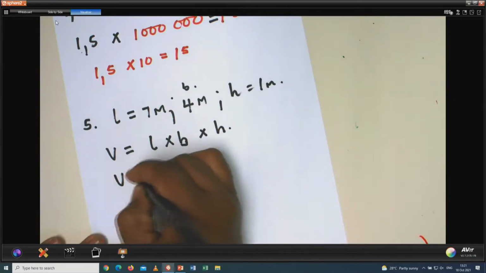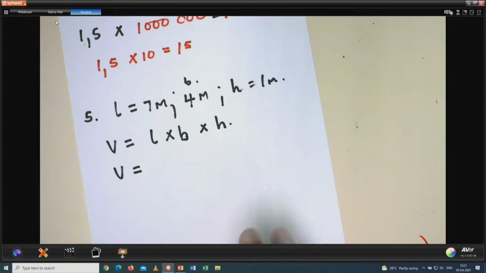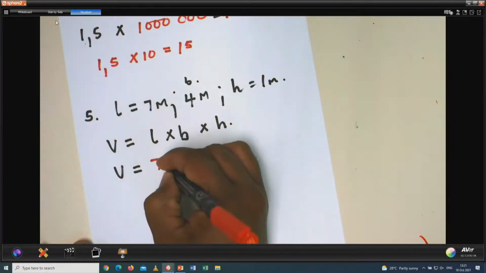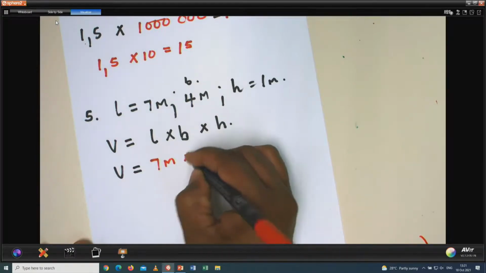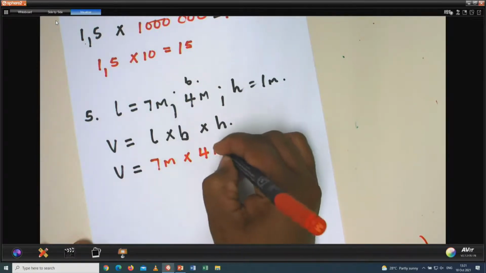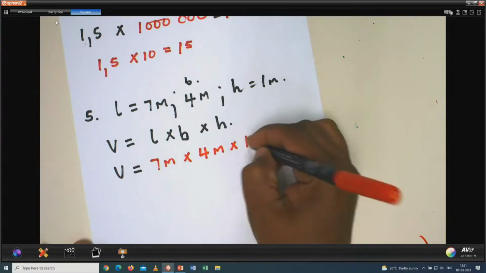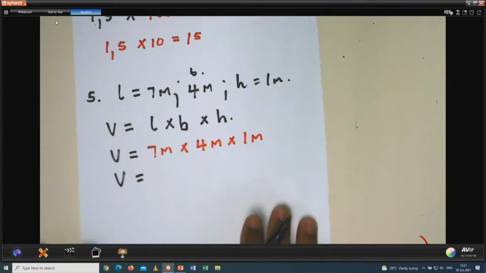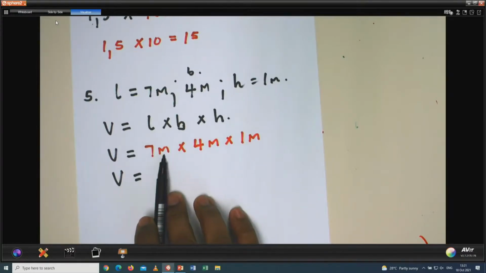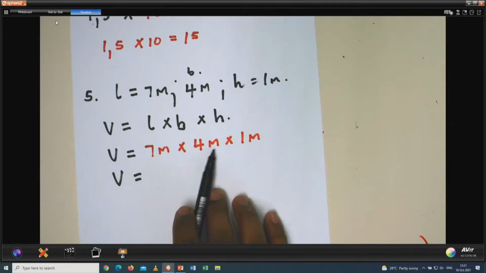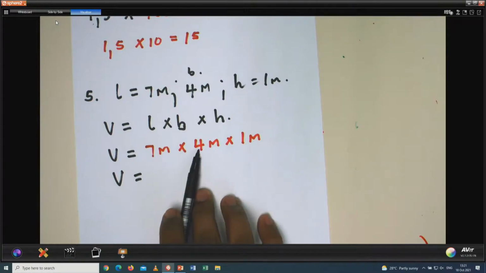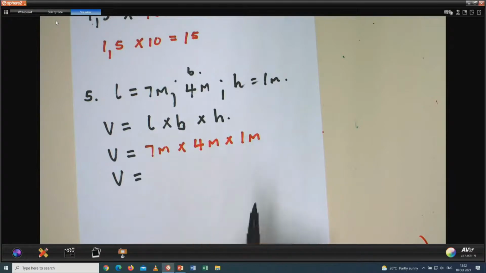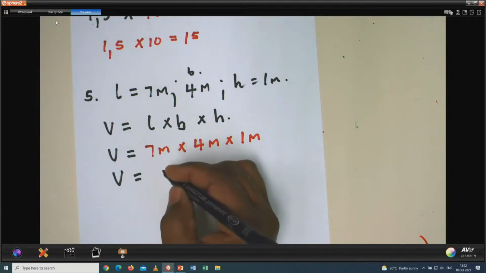And then we'll have the V, and then we do the simple substitution. Length is 7 meters, multiply by the breadth 4 meters, multiply by the height 1 meter. And therefore now let's check. 7 meters multiplied by 4 meters, it will be 7 by 4, it's 28, multiply by what? By 1. It will be 28.